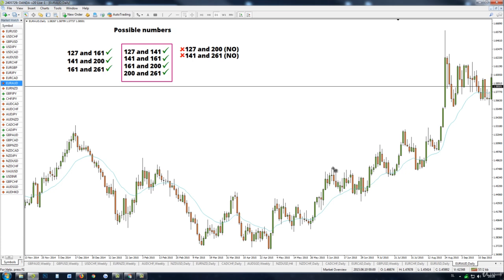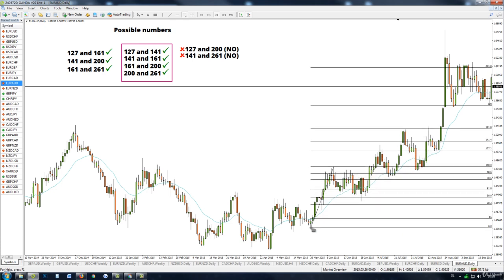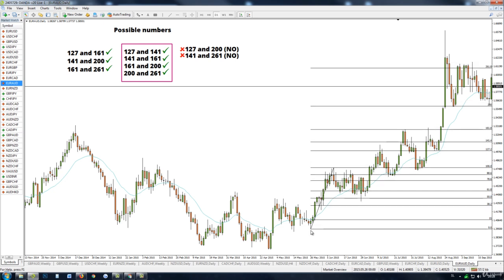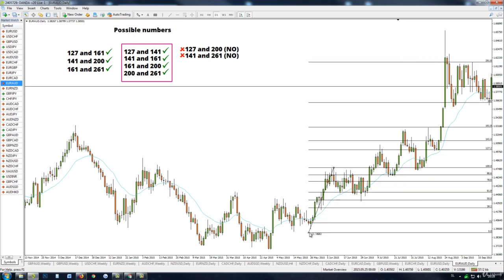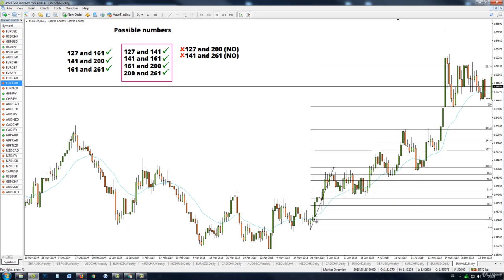Then we draw a Fibonacci extension on the impulse leg. You can do it like that so that it's easier, but I'll leave it like that so it will be accurate. This is the first thing.